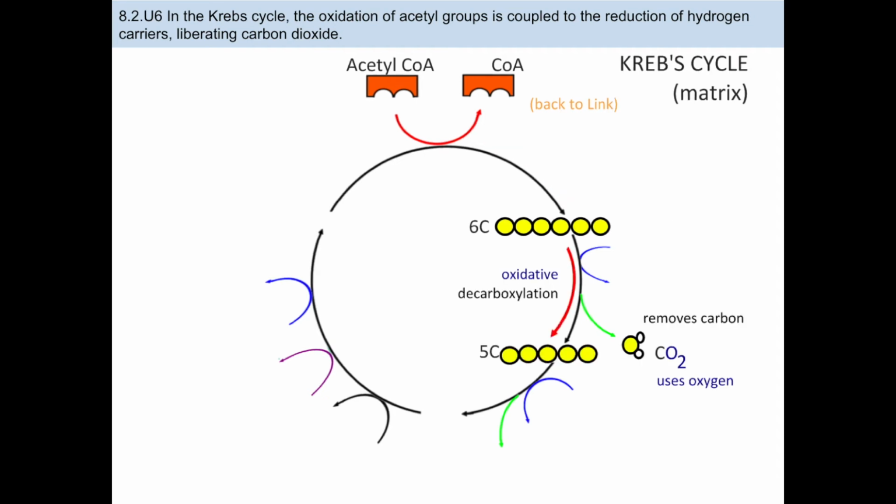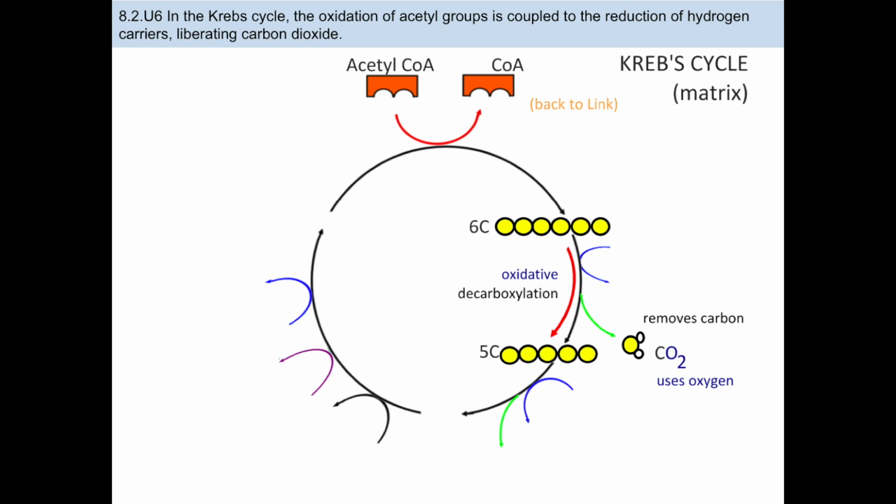Now, what step is this? Okay, we've learned the different chemical reactions, right? Remember decarboxylation. So we're removing carbon again. So 6 becomes 5. Miss, why is it oxidative decarboxylation? What will this lose? Carbon dioxide. Oxidation, what will this lose?